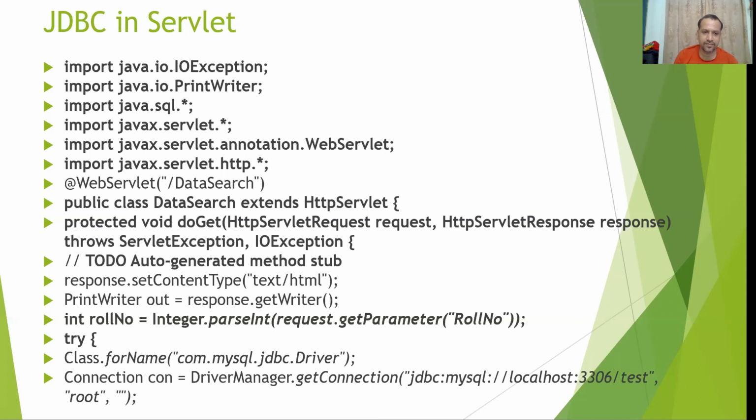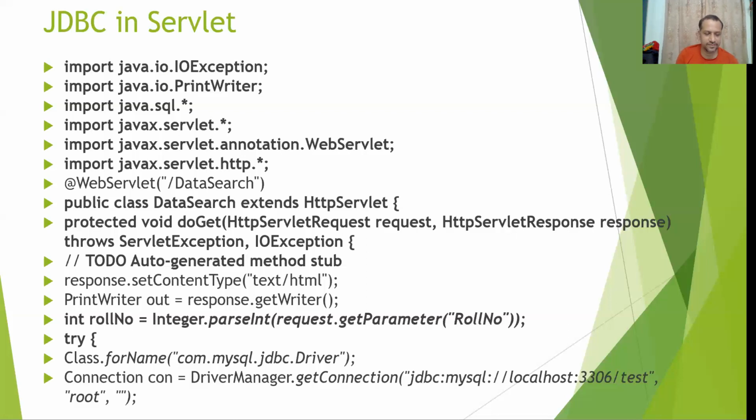So here I am going to define the JDBC code inside the doGet method. The doGet method signature is protected void doGet, with HttpServletRequest, the request object, and HttpServletResponse, the response object.